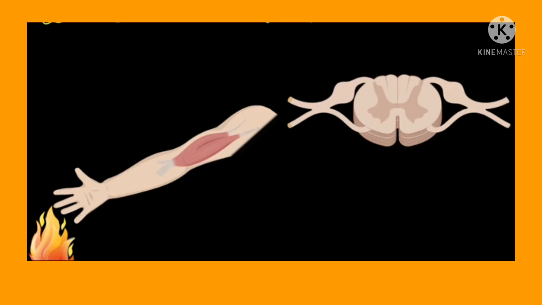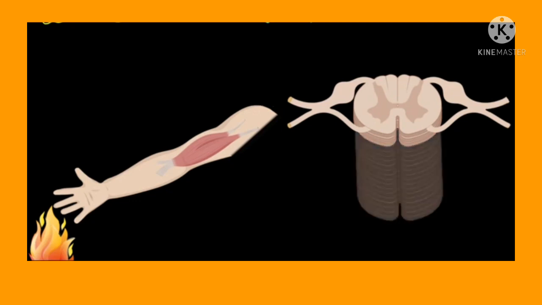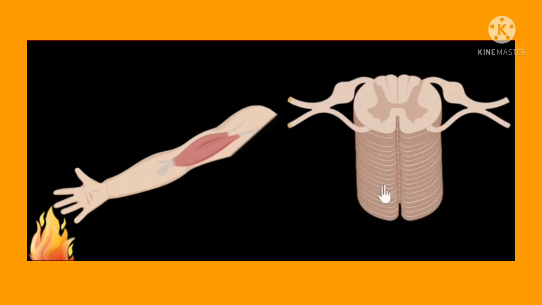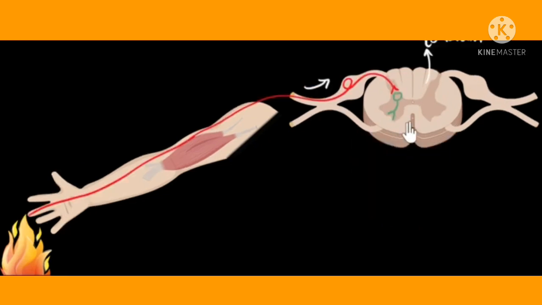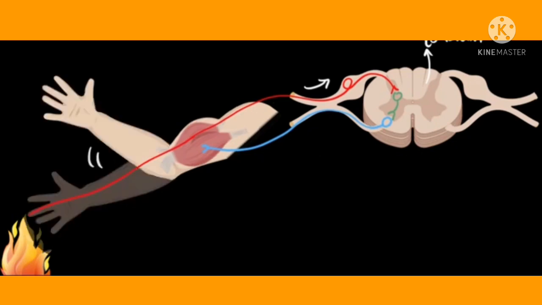Then the spinal cord interprets the stimulus and the impulse is passed on to the relay neuron. The relay neuron transmits information to a motor neuron. Then motor neurons carry the command from the spinal cord to our arm. Muscles in our arm contract and withdraw our hand immediately.